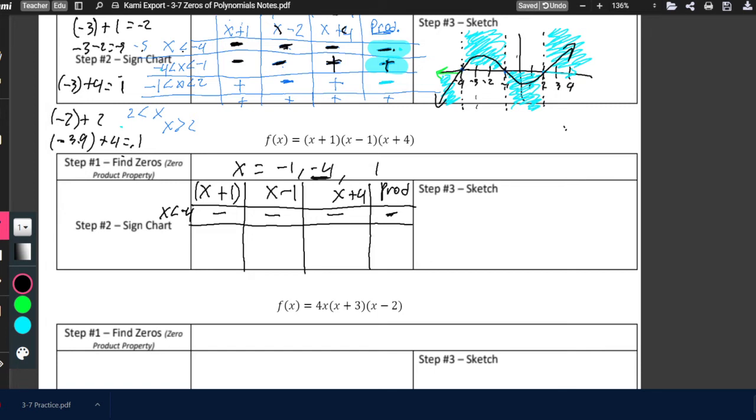Our next range, we take our smallest and our second smallest. So we'll go -4 is less than x is less than -1. I'm going to write that just a little further over to the left so it's not in the way.